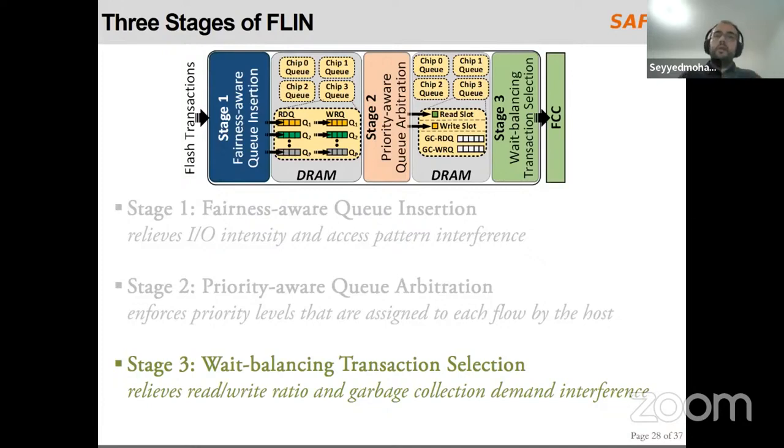Then we need to issue that write request. The details of this implementation and these techniques are in the paper, and if you are interested, I suggest that you check our paper. But the overall idea is here.